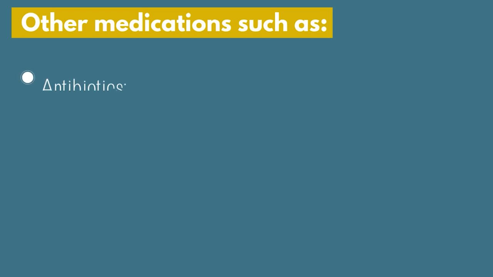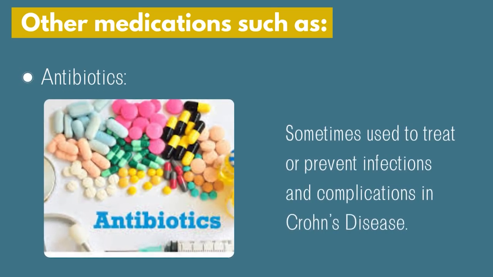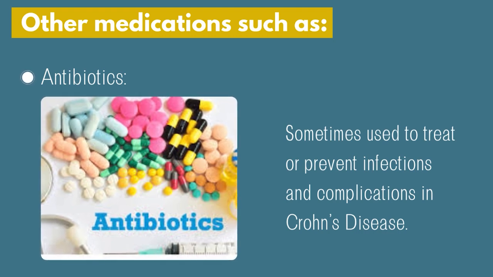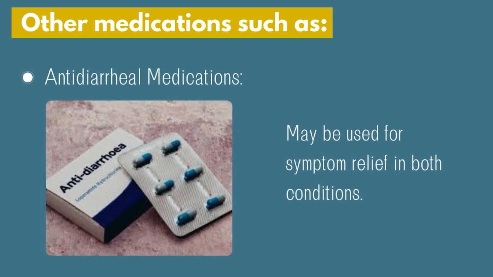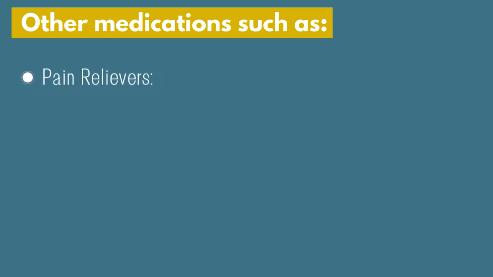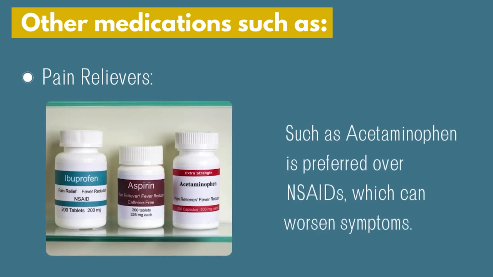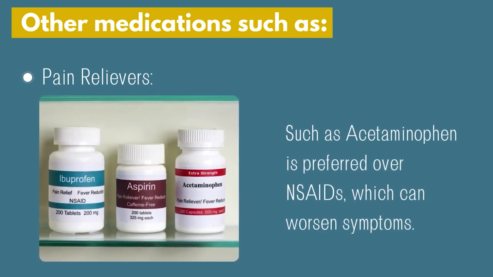Lastly, there are other medications such as antibiotics, sometimes used to treat or prevent infections and complications in Crohn's disease. Anti-diarrheal medications may be used for symptom relief in both conditions. Pain relievers, such as acetaminophen, are preferred over NSAIDs, which can worsen symptoms.